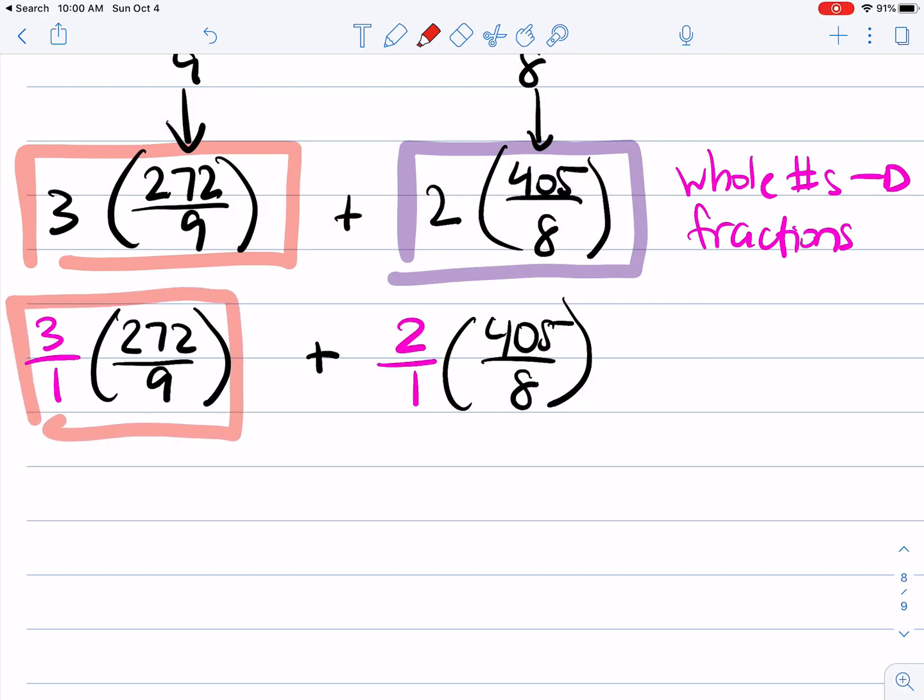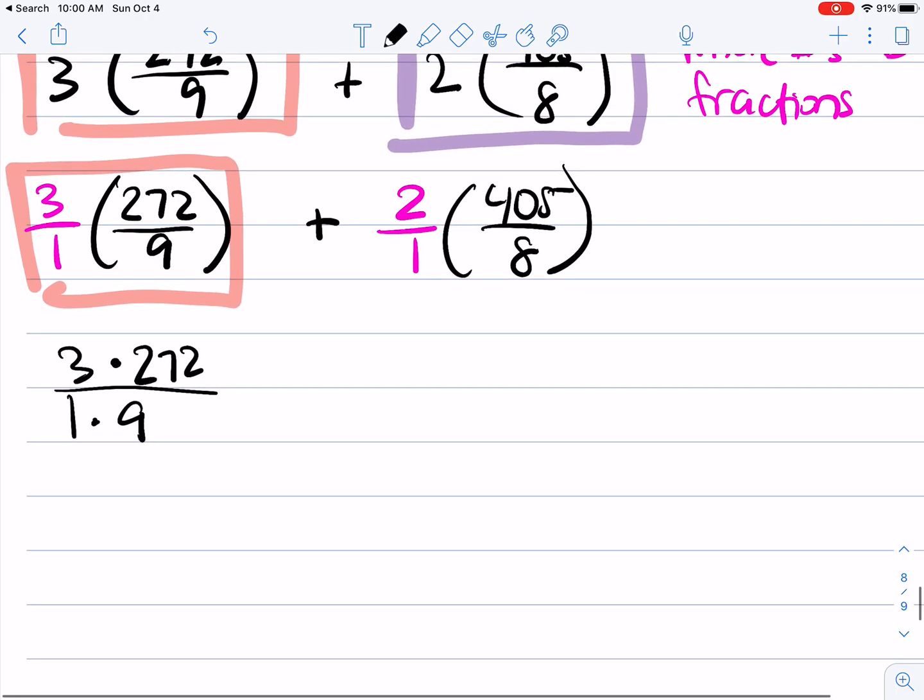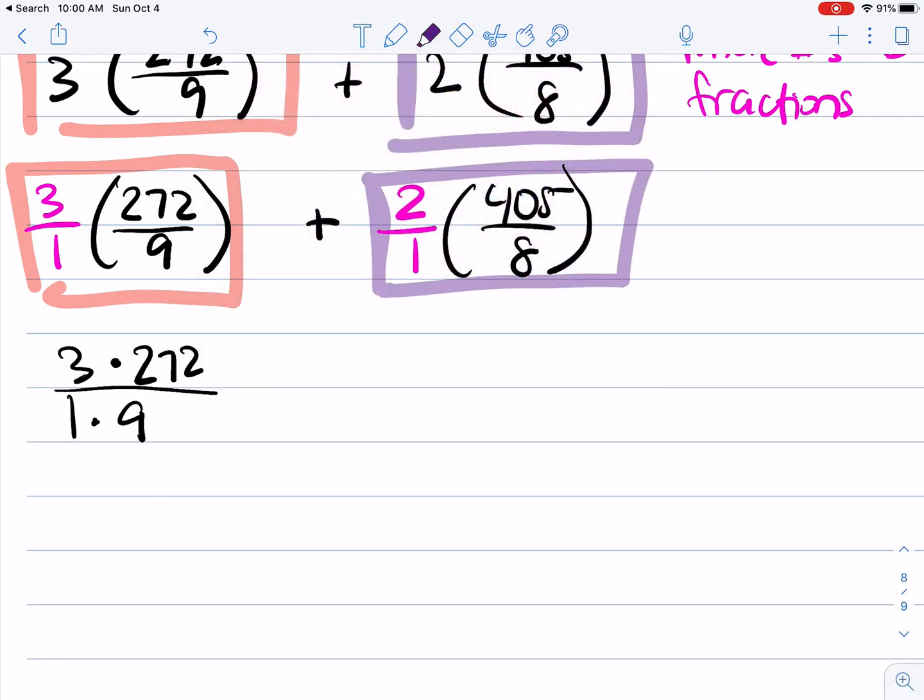This is going to turn into 3 times 272, all of that over 1 times 9. This purple one is going to turn into 2 times 405, all of that over 1 times 8.